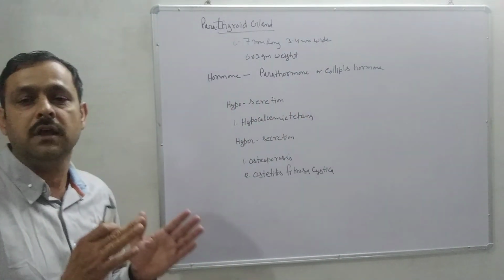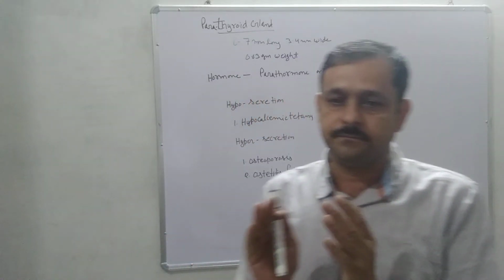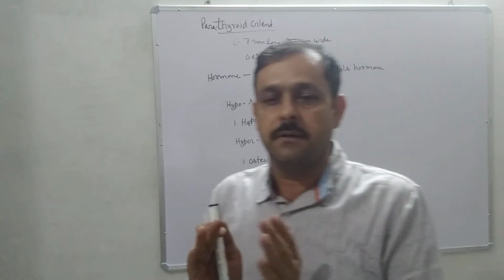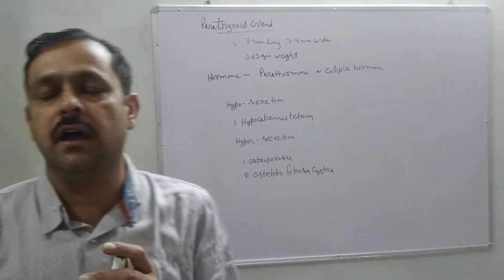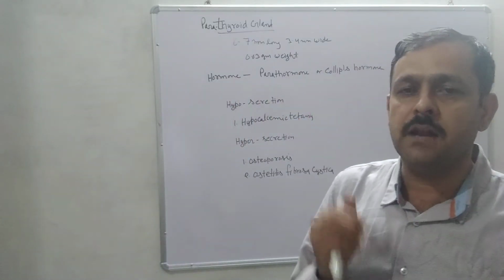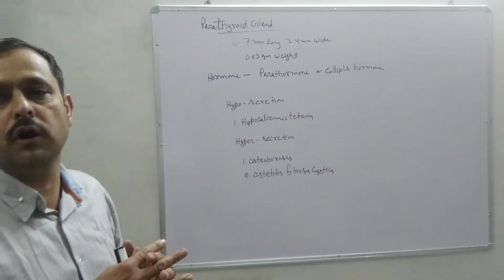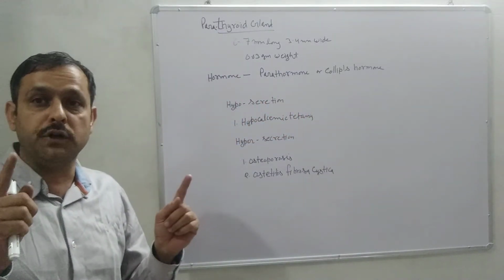It helps in muscle contraction, nerve impulsion, and blood clotting. Blood clotting, because we know with the help of clotting factors 8th and 9th, calcium also helps in blood clotting.